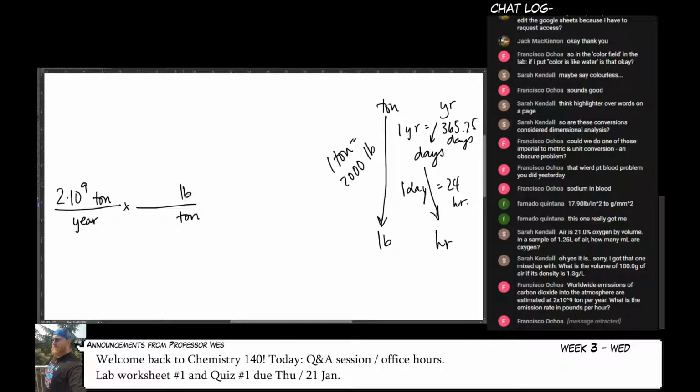We're going to turn that into pounds, and then we're going to turn years into days, and then days into hours. These are the only units that are left, so those will be the units of my answer.